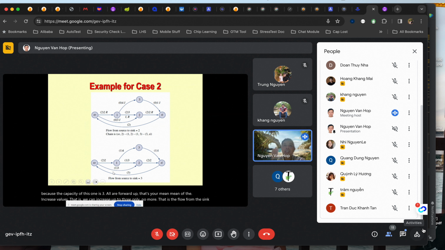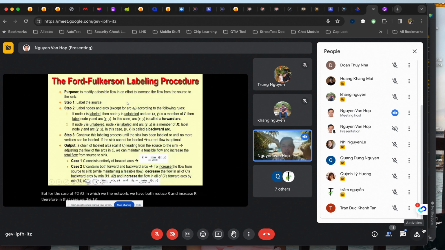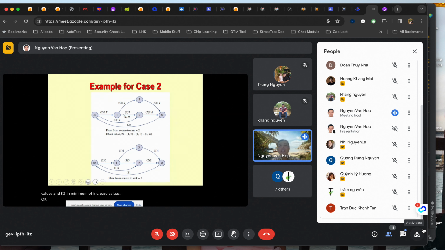But for case number 2, the network has both reduced arcs and increased arcs. In that case, the first step is to find K1. K1 is the minimum of the reduced values, and K2 is the minimum of the increased values. Look at this. Suppose we consider these arcs, and the initial flow is like that. The outside number is the capacity, and the inside number is the current flow.